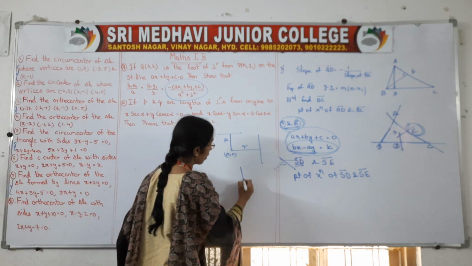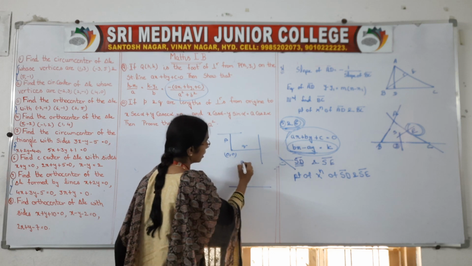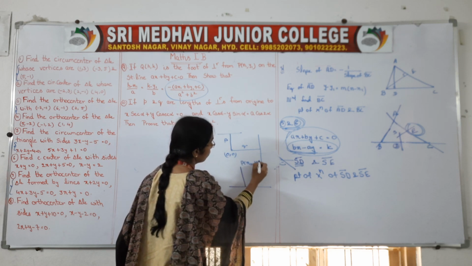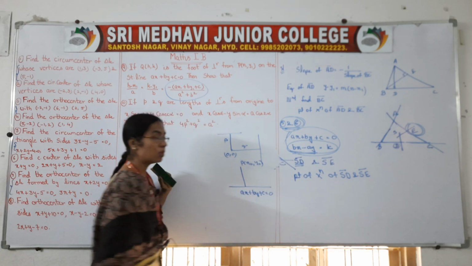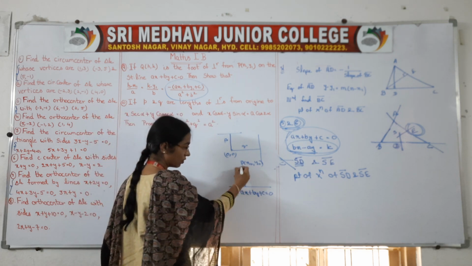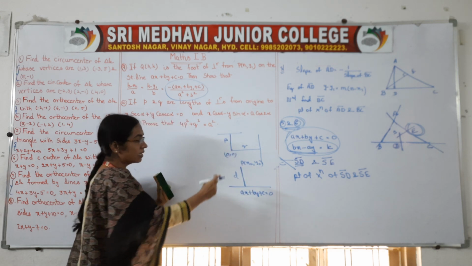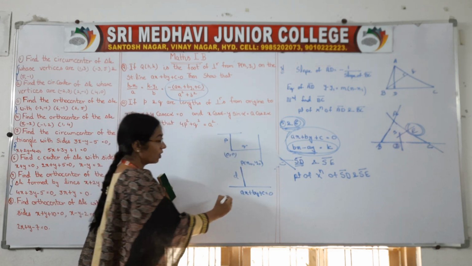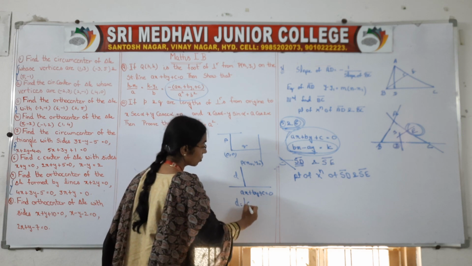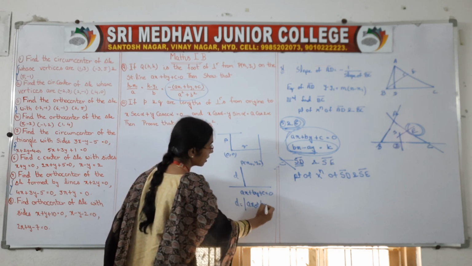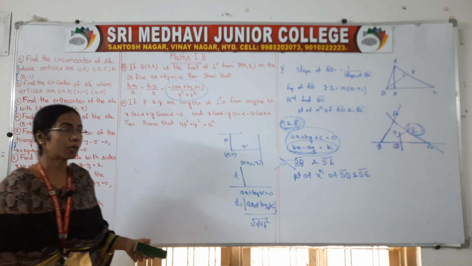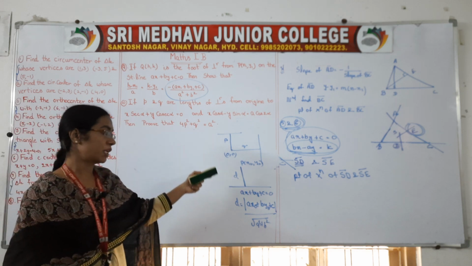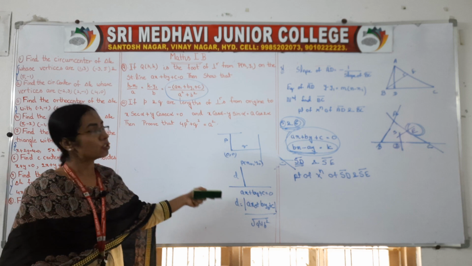You know one formula: the length of the perpendicular from the point P(x0, y0) on the line Ax + By + C = 0. This is the perpendicular distance from a point to the line. The formula is d = |Ax0 + By0 + C| / root of (A² + B²).